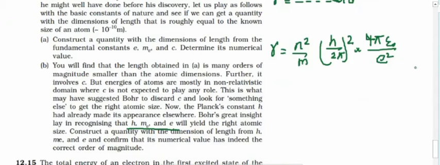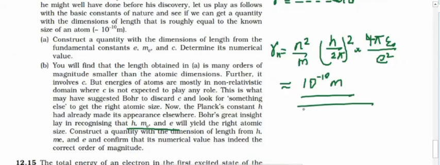This is what is given by Bohr. Actually, we have used that Rn formula; it is nothing different. Only here we multiply and divide by 4 pi. That's the only difference. Now substitute the values and find the value. You will get the value of Rn in the order of 10 power minus 10 meter, which is almost the same as the Bohr atom model. So you will get a reliable value of R when we follow the Bohr atom model.